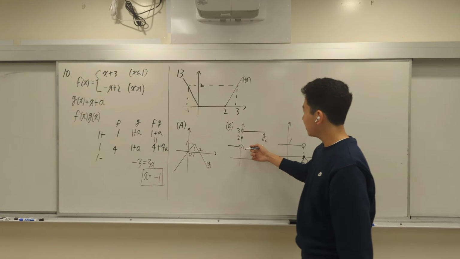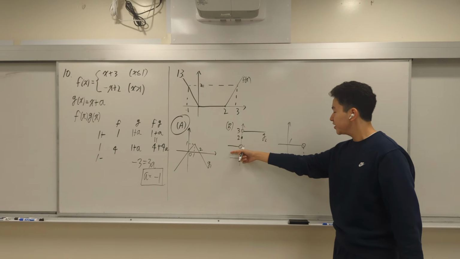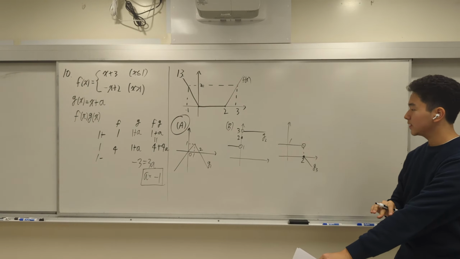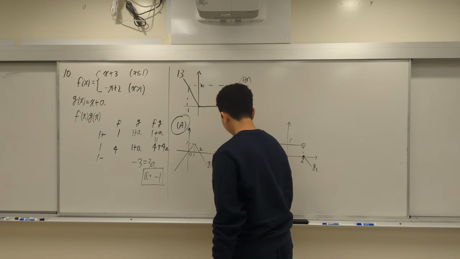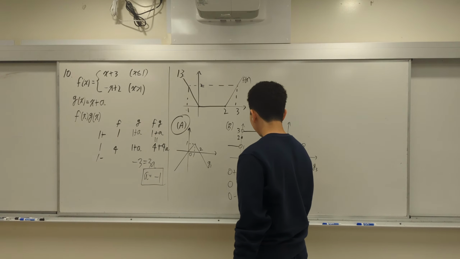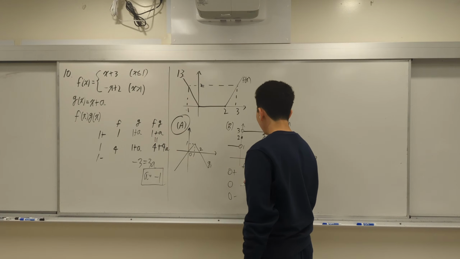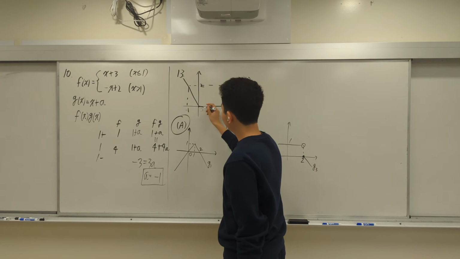Now, G2 tells a different story, right? This works, but this might not, because G2 is discontinuous at x equals 0. So let's focus at x equals 0. 0 plus, 0, and 0 minus, we have f times g. At 0 plus, f is going to 0.